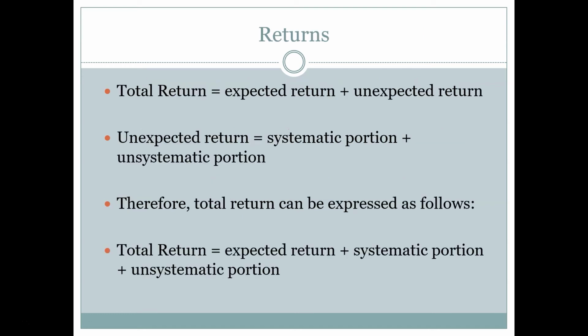And so if we think about now in the context of how we calculated expected return in the last chapter, now we can see how we may have been using a measure of risk that was inappropriate. Right? So if we think about total return, this is the return that we actually get, okay? Actual return is the expected return plus some unexpected return.